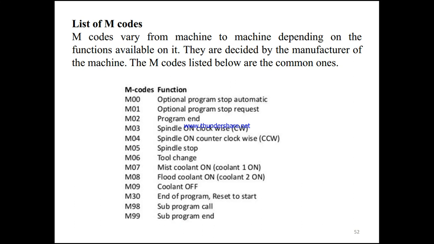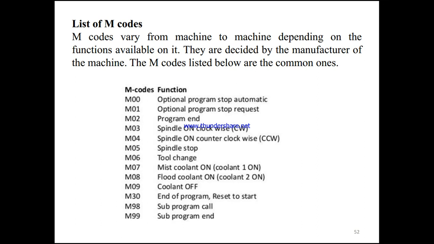So M00 is the operational program stop, automatic. M01 operational program stop, request. M02 program end. M03 spindle on clockwise, M04 spindle on counterclockwise. M05 spindle stop. M06 tool change. M07 mist coolant, that is coolant 1 on. M08 flood coolant, that is coolant 2 on.